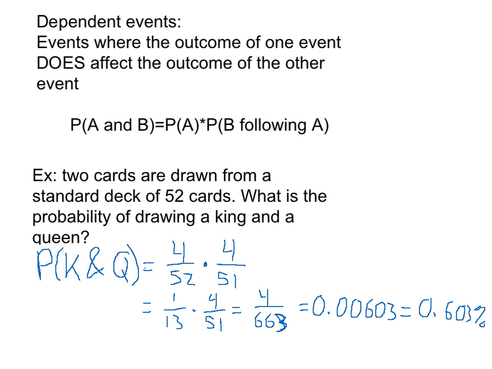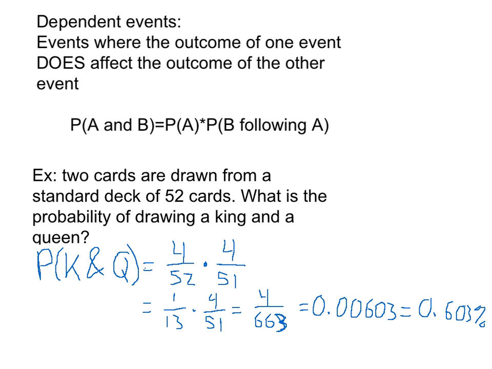So if you want two things both to happen, which we call the intersection of the two events, you need to first decide, okay, are these dependent or are these independent events? If they're independent, you just multiply the regular probability of each event.